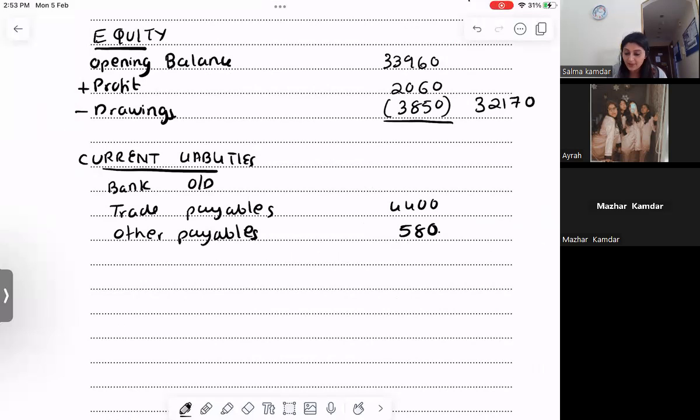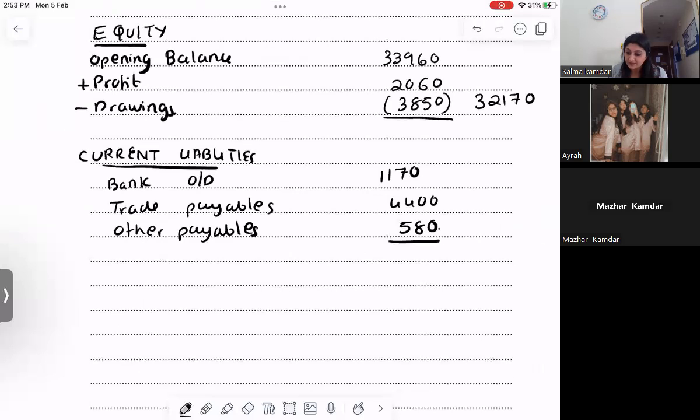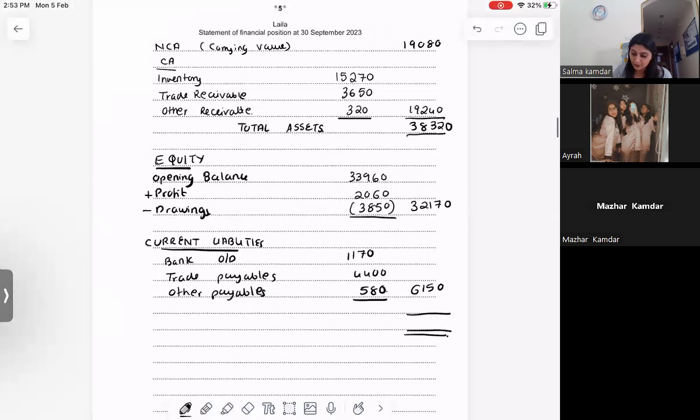The opening credit balance or the closing debit balance? So this is 6150. So you have your total equity and liabilities. Are you with me?